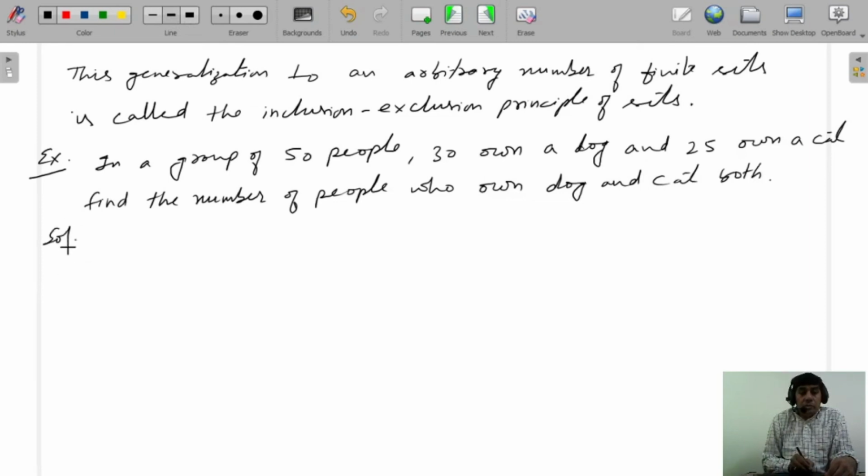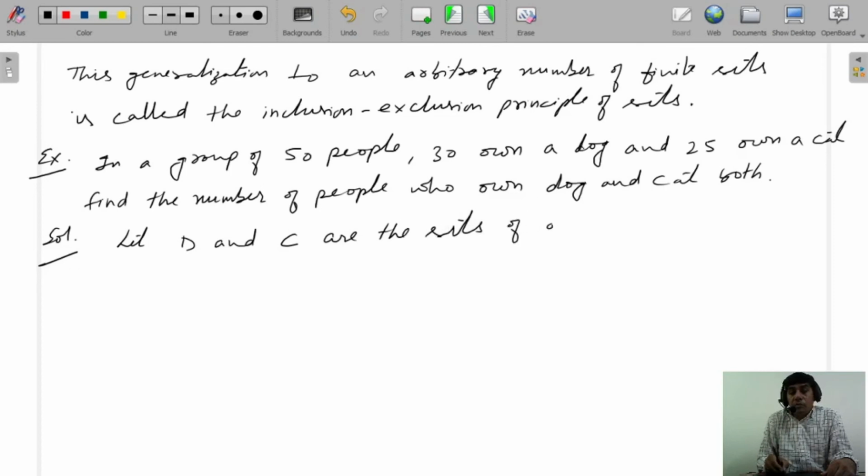Solution. Let D and C be the sets of owners of dog and cat respectively.